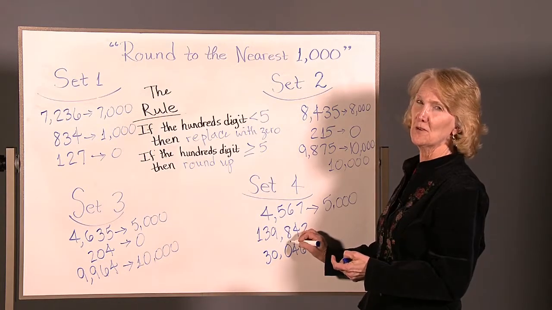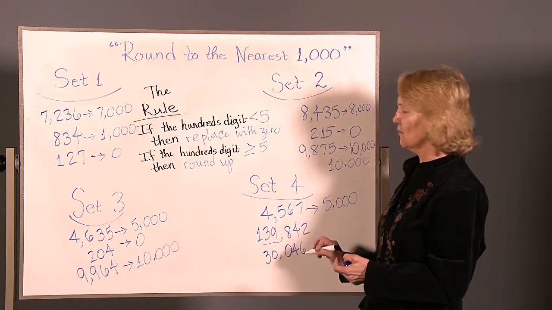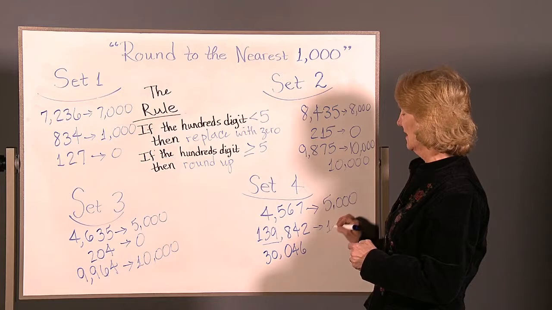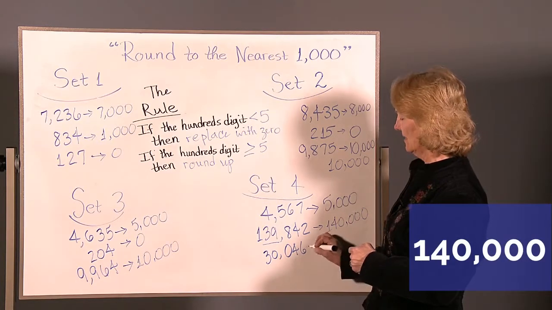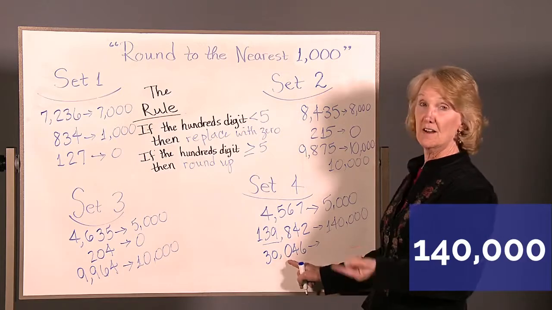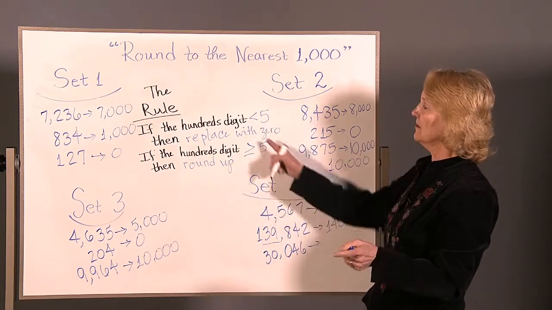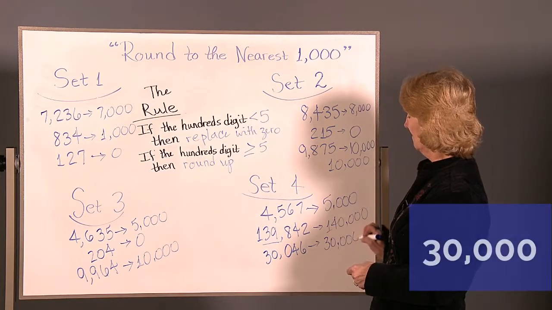It is greater than or equal to 5, so we round this up. Now if you think of this together, 139 rounded up becomes 140. So 140,000. The next one, we look at the hundreds digit, it is definitely less than 5, so we just replace it with a 0. So that one is just 30,000.